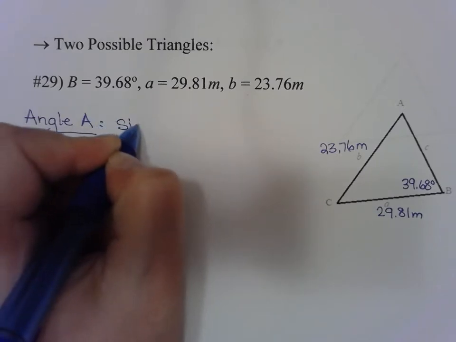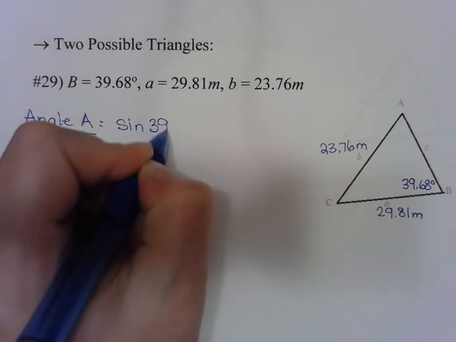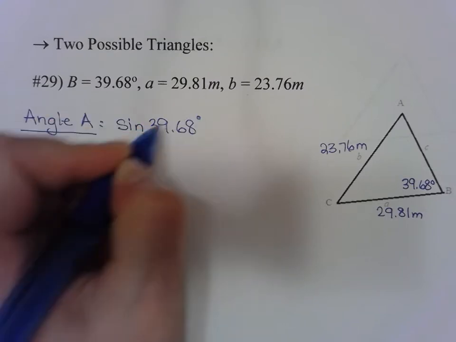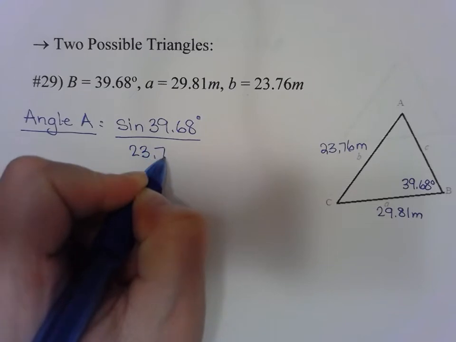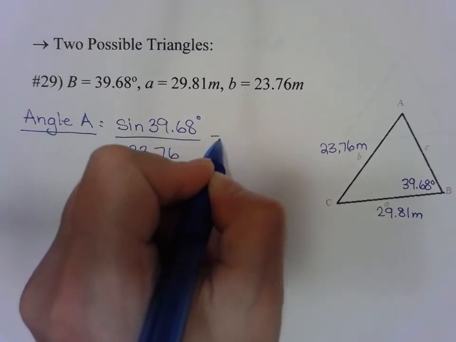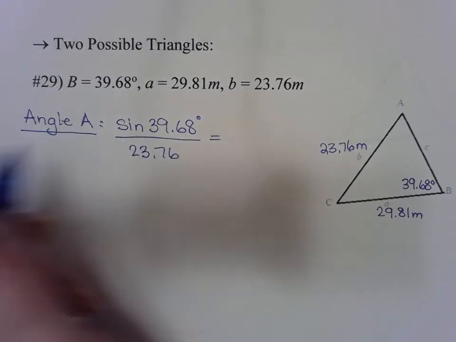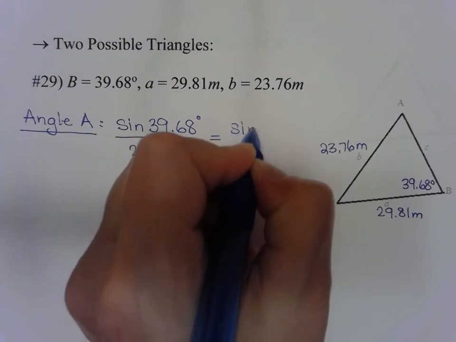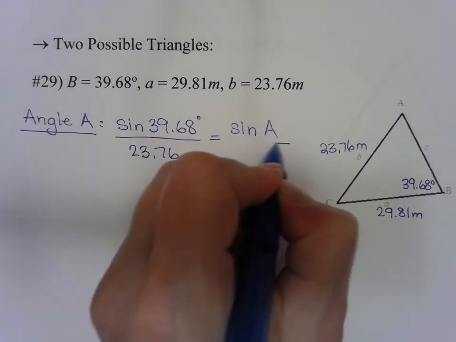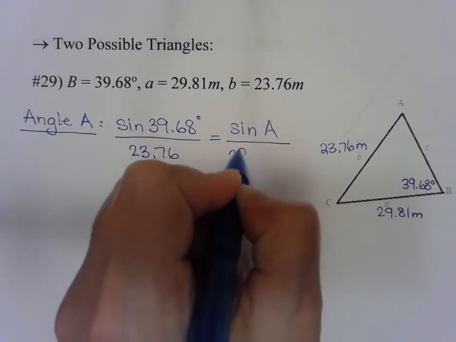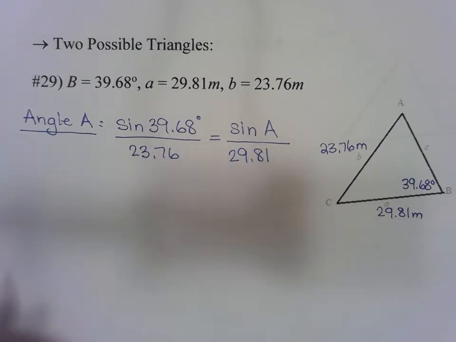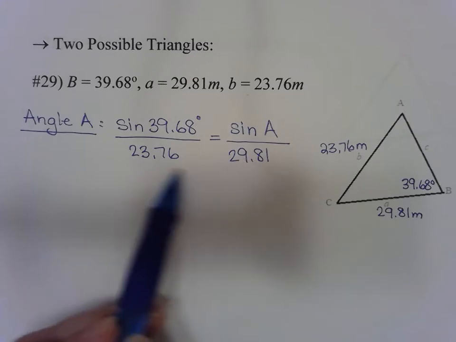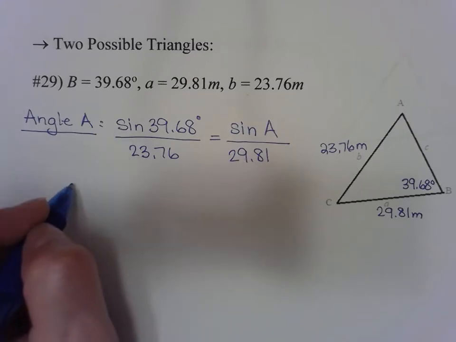So the sine of angle B, which is 39.68 degrees, divided by the side length for B, must be equal to the sine of angle A divided by the side length for angle A. Okay, and just like before, we could multiply this over to the other side.